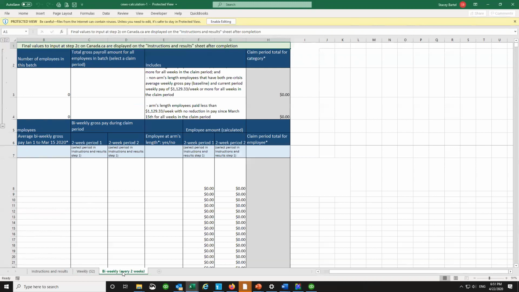So that would be the 15th and the 30th, or the 1st and the 15th of the month. Unfortunately, we don't have a calculator set up for that. At that point in time, I would definitely talk to your accountant or your accounting professional so that they can calculate exactly how it is and possibly build or modify a calculator for you to bring it back down into weekly earnings, because that's what it boils down to, is weekly earnings. Okay.